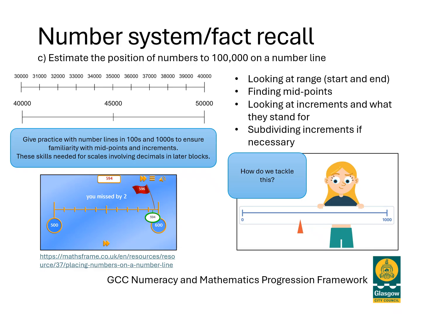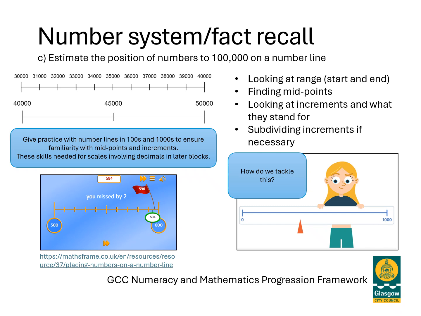Ultimately, we're trying to give them the skills so that if they have a very open-ended problem or practical example, something like the little cartoon character is holding the very blank number line, they've got some strategies to do it.